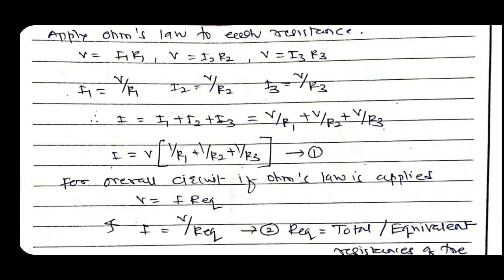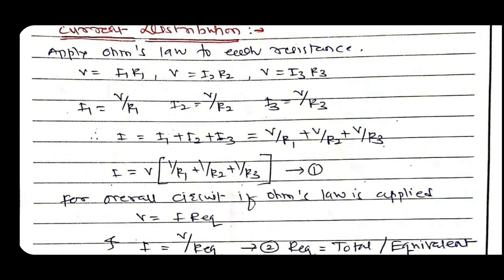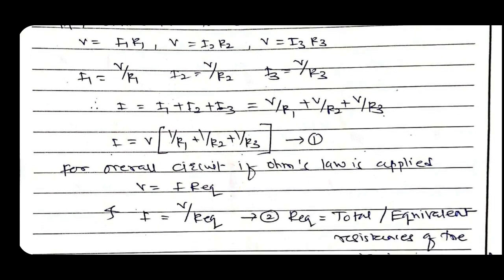The main current is I, the total current, and it is distributed through three different paths. So we have considered I1, I2 and I3.